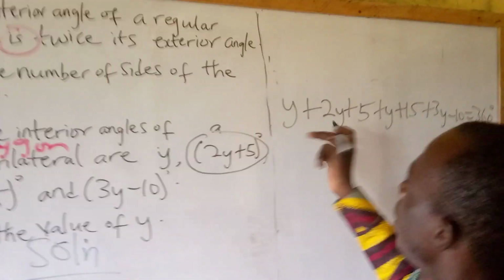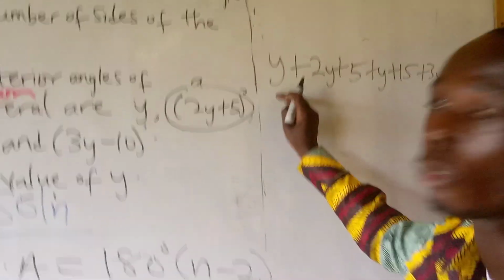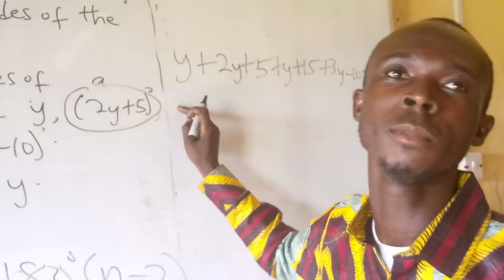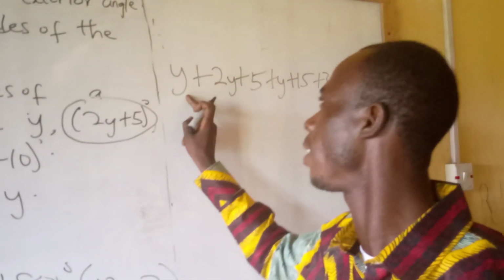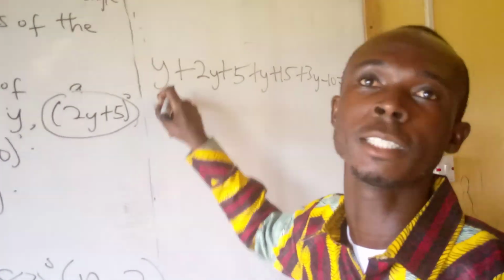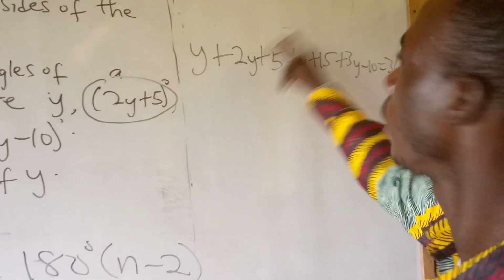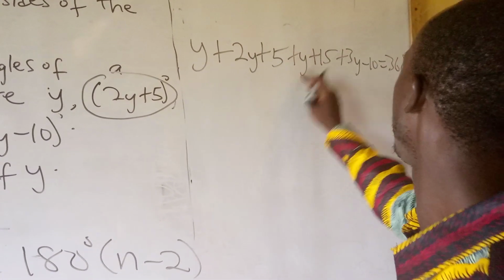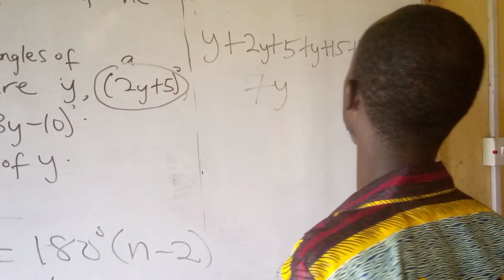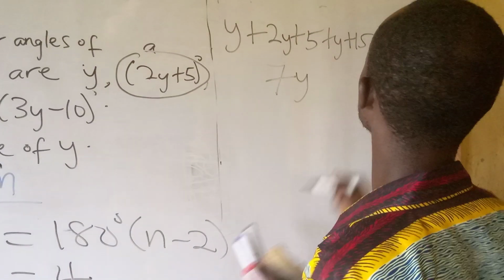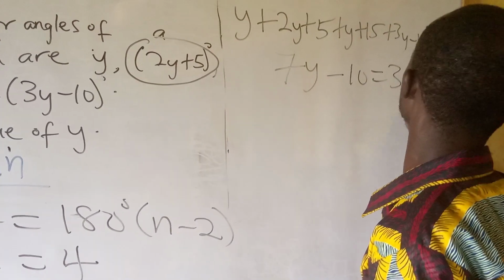One may ask why y plus 2y is 3y, because the coefficient of a variable is always 1. But in maths, we don't write it because 1 times this variable is equal to the same variable. So 3y plus y is 4y, plus 3y is 7y.